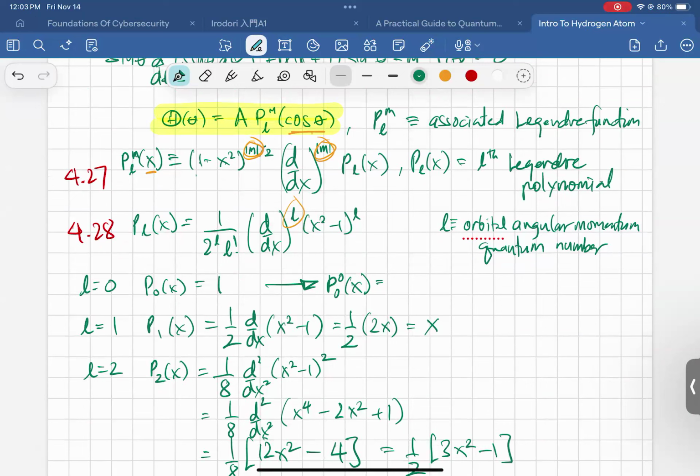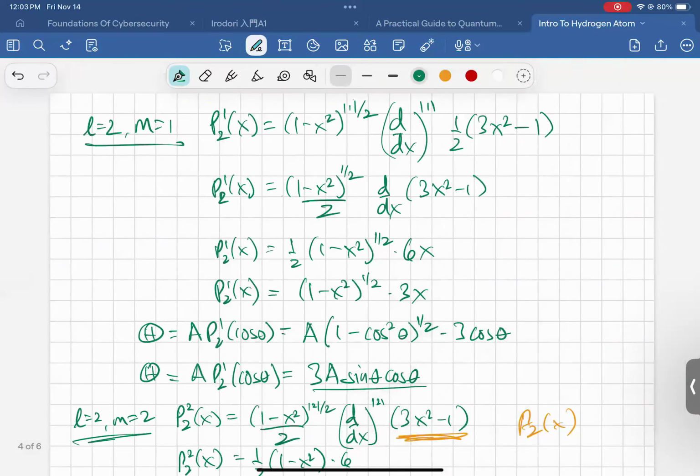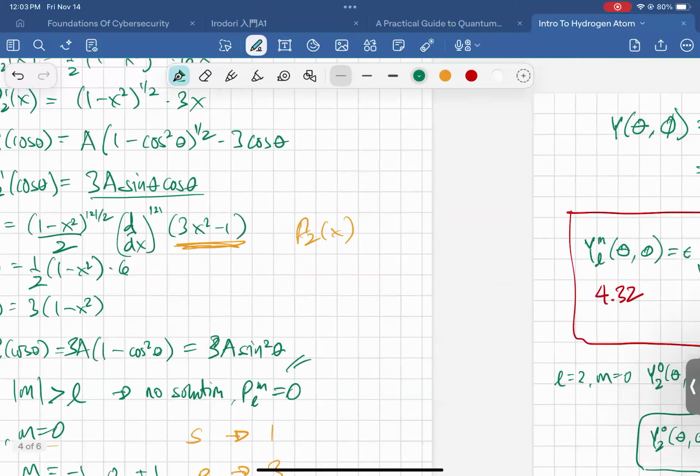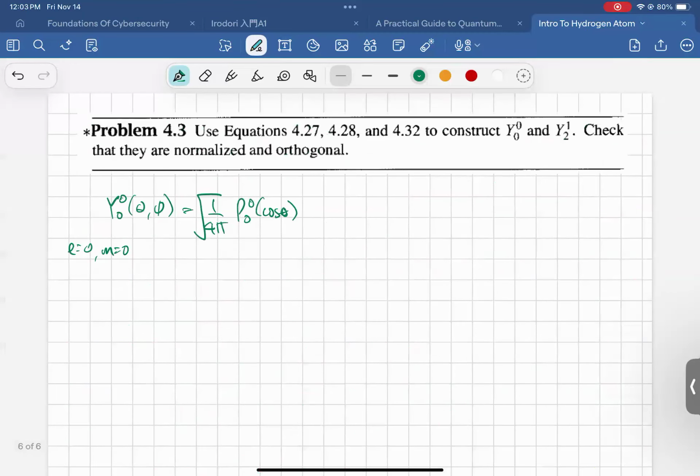Pero P0 of x is 1, so ito ay equal lang din sa 1. So this is just equal to square root of 1 over 4 pi.